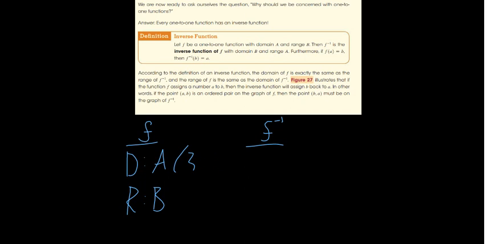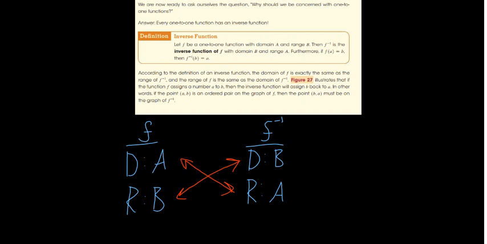Okay. Well, if the domain of the function is A and the range is B, then very easily we can tell you what the domain and range of the inverse function are. Okay, because they are just opposites. The domain will be B, and the range will be A.